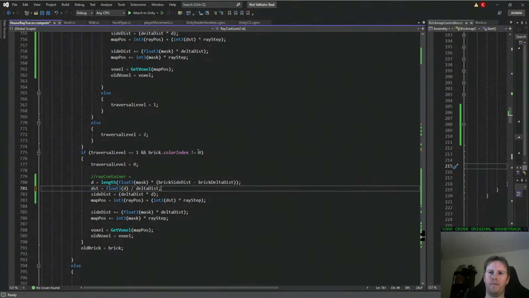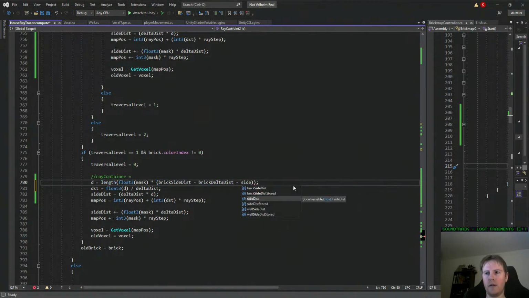Man, it should be like this. The original side dist should be subtracted from the length. Like, it makes no sense that it has to be that way.